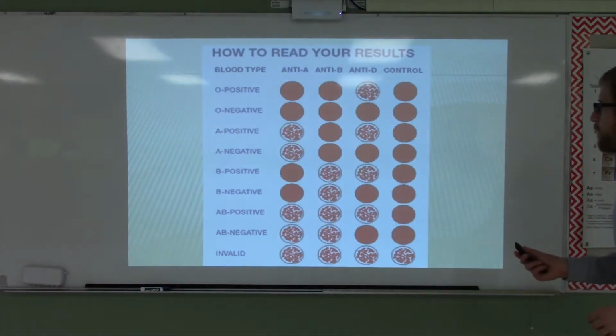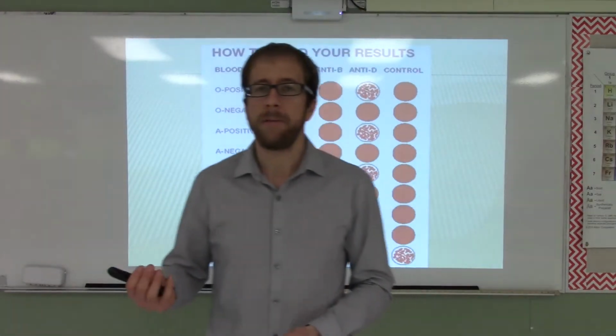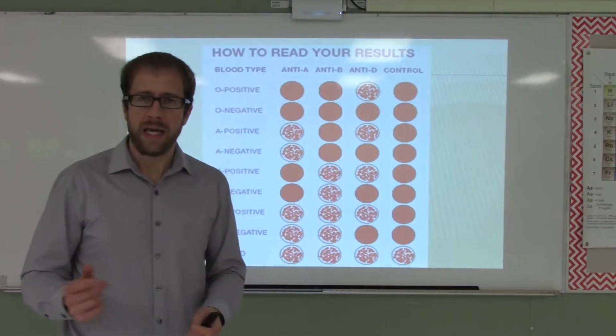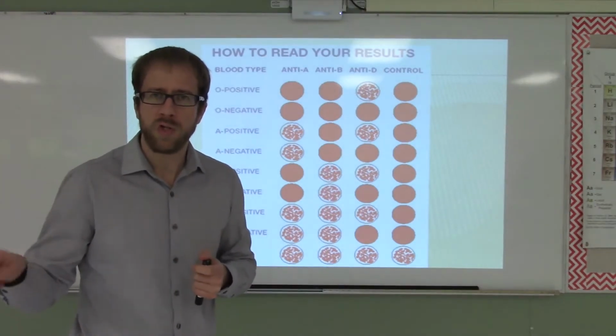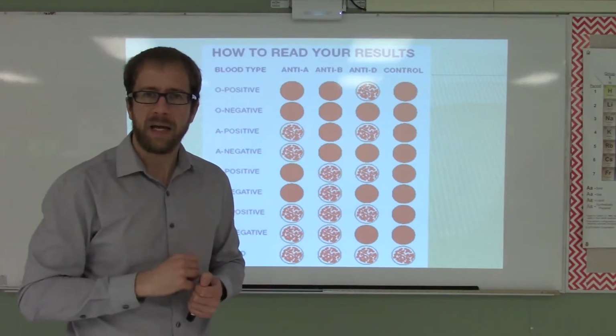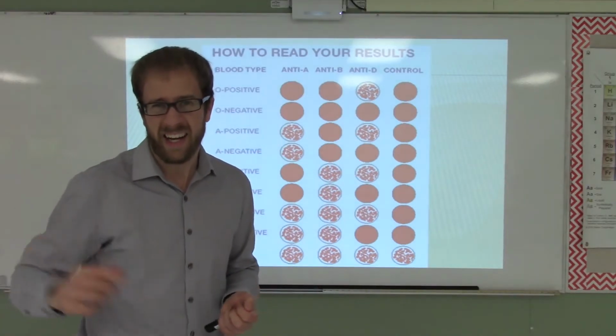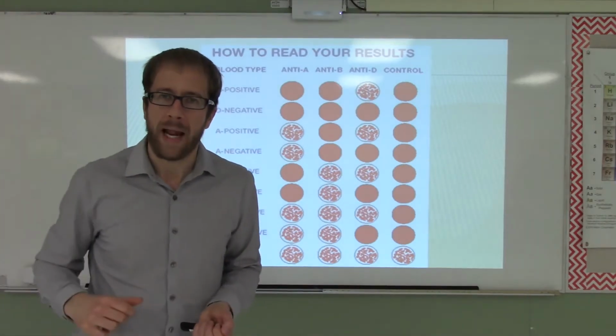Alright, so how can you read your blood test results? If you go in and get your blood tested, they're going to take some droplets of your blood, put them in little wells, and to those wells they will add anti-A and anti-B, and they'll also add anti-Rh, and they'll stir it up and see what happens.